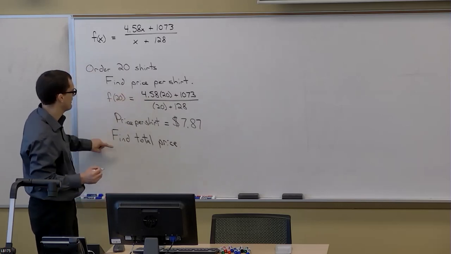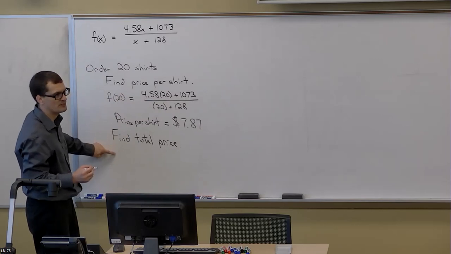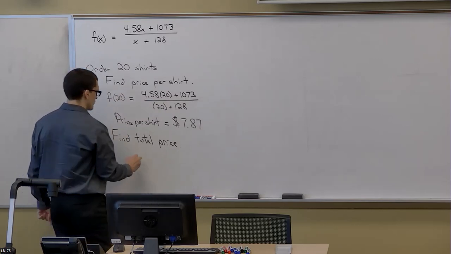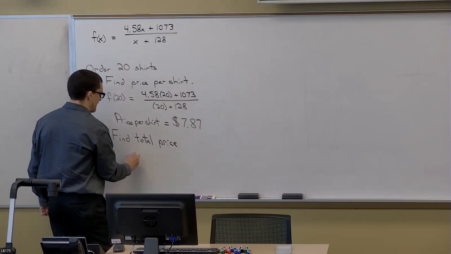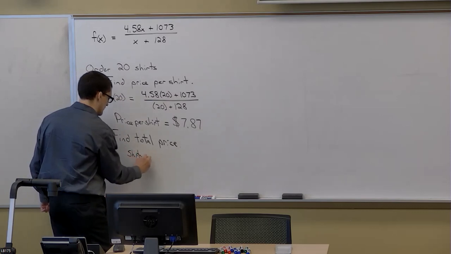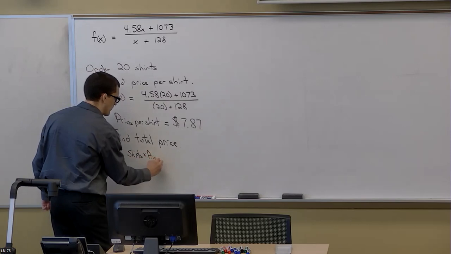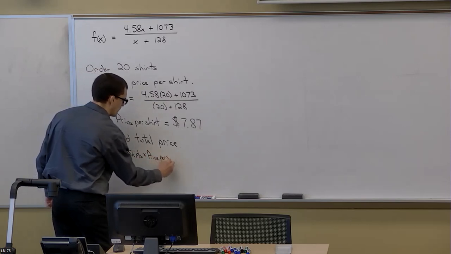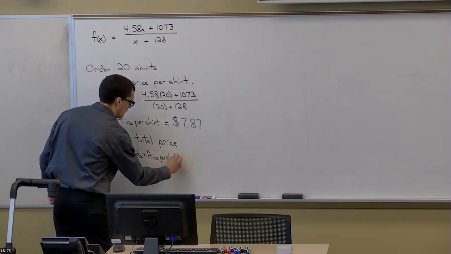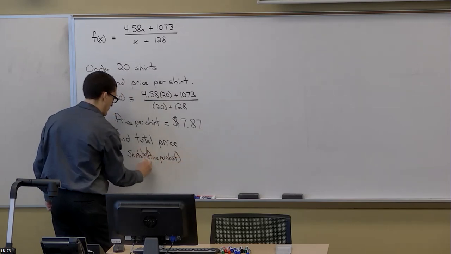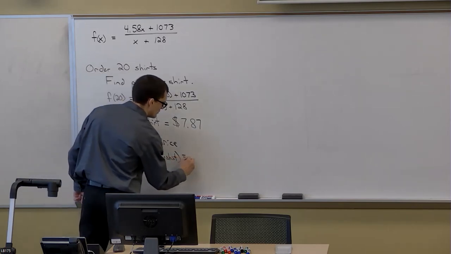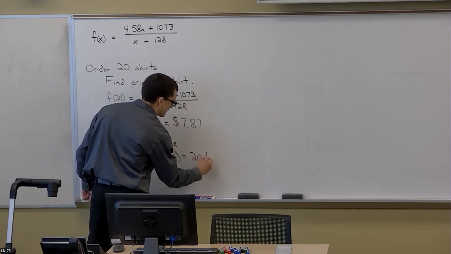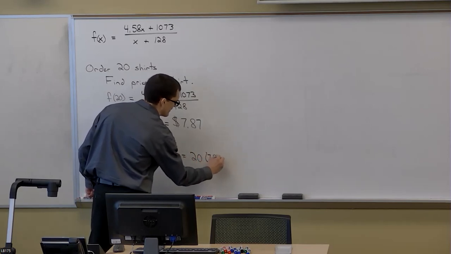But before I do, let me finish this by finding the total price. The total price is just going to be the number of shirts times the price per shirt. So I'm just going to take 20 times 7.87.